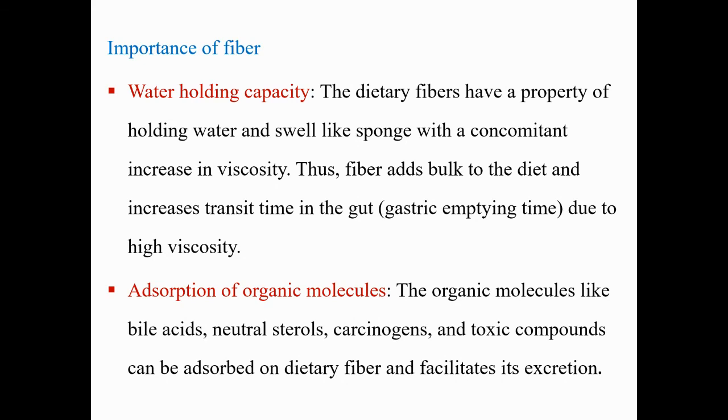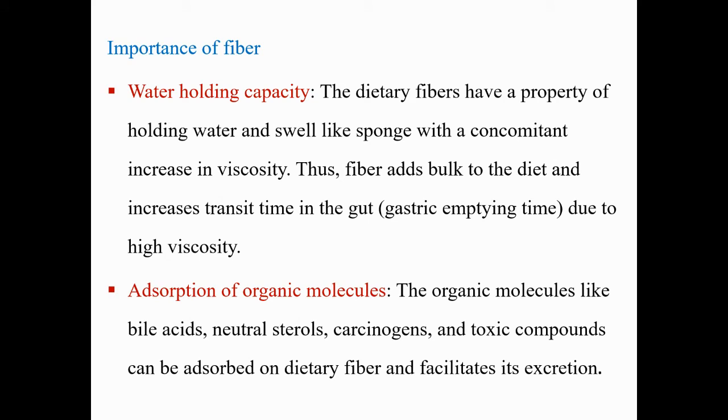When the dietary fibers interact with water, they swell, and then there is an increase in viscosity. These fibers add bulk to the diet.